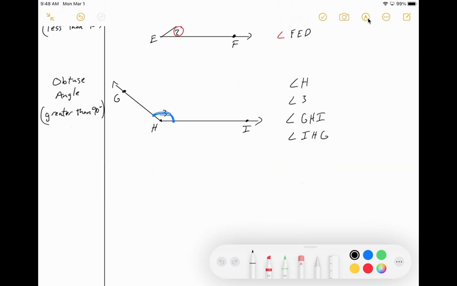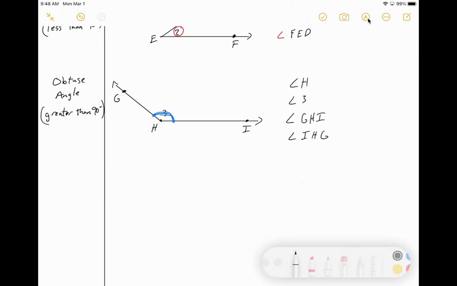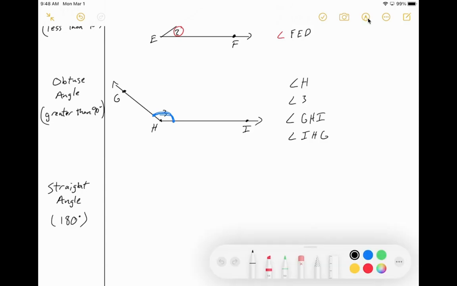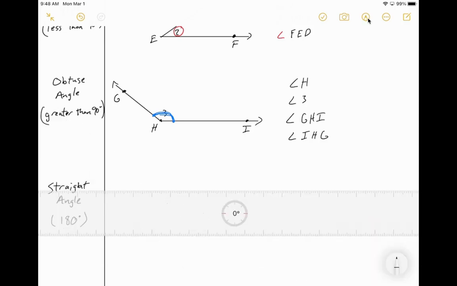And this one's kind of a weird one. This one's always been kind of weird to me. But we call this one a straight angle. And this one is 180 degrees. And believe it or not, it's exactly what it sounds like.